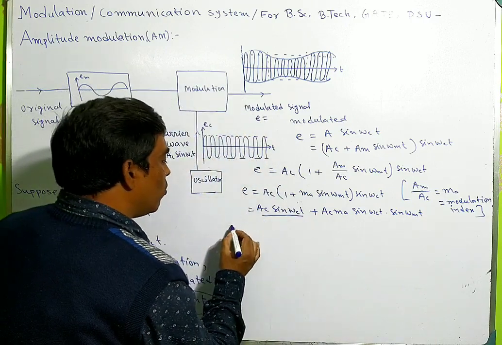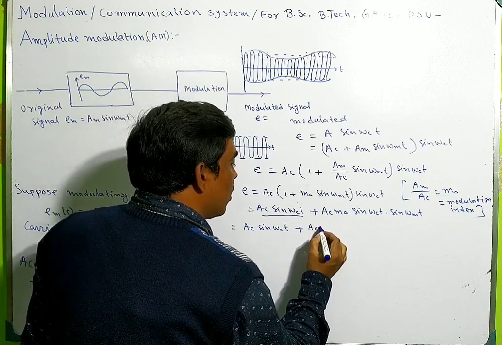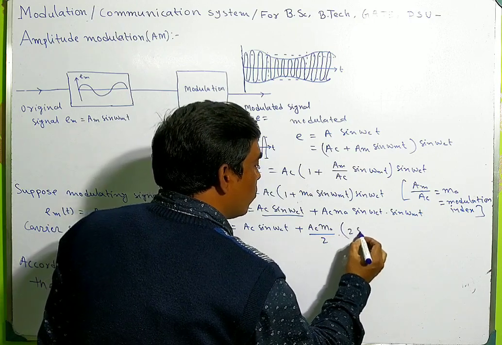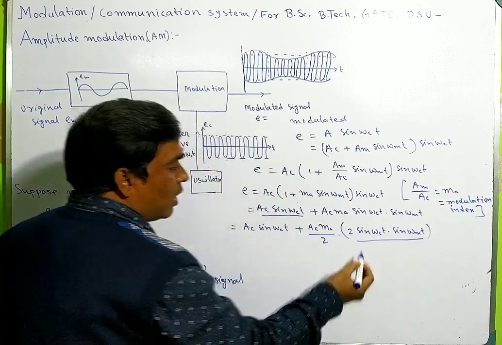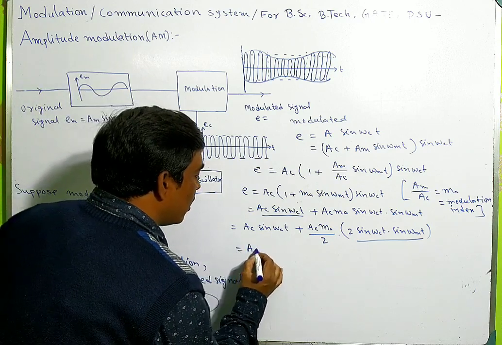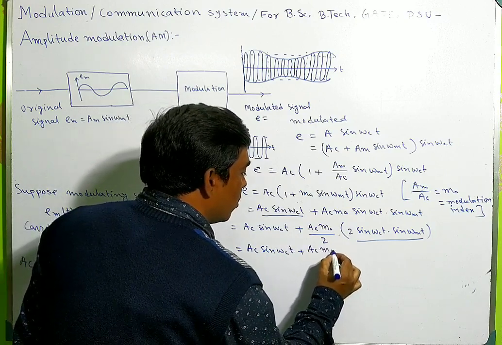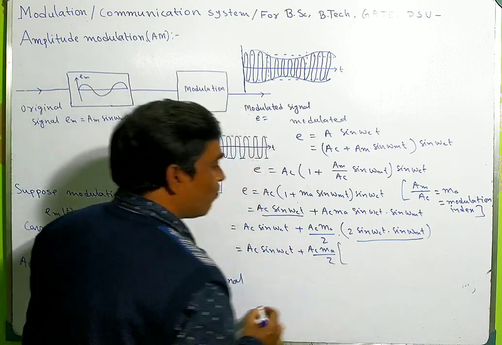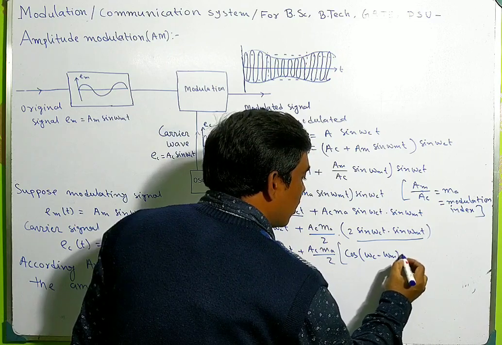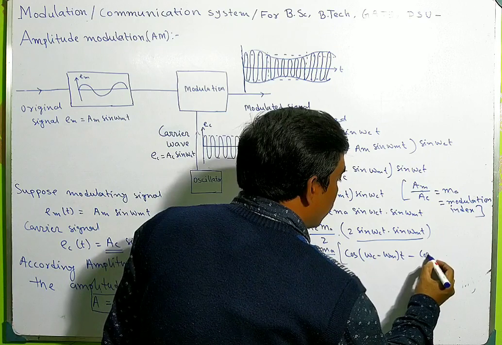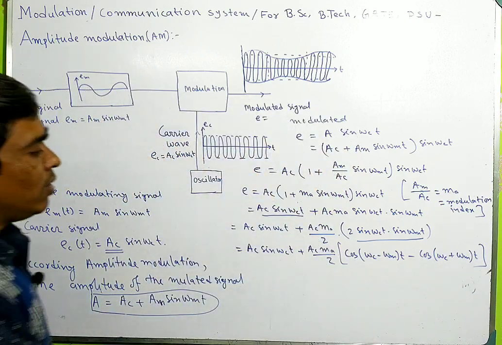If you take A_c m_a divided by 2, it will be 2 sin A sin B. So it can be written as A_c sin omega_c t plus A_c m_a divided by 2 into cos(A minus B) minus cos(A plus B). This is in terms of angular frequency.